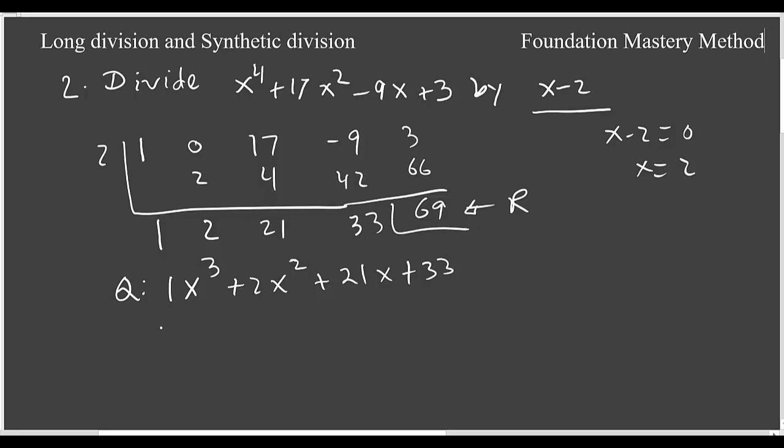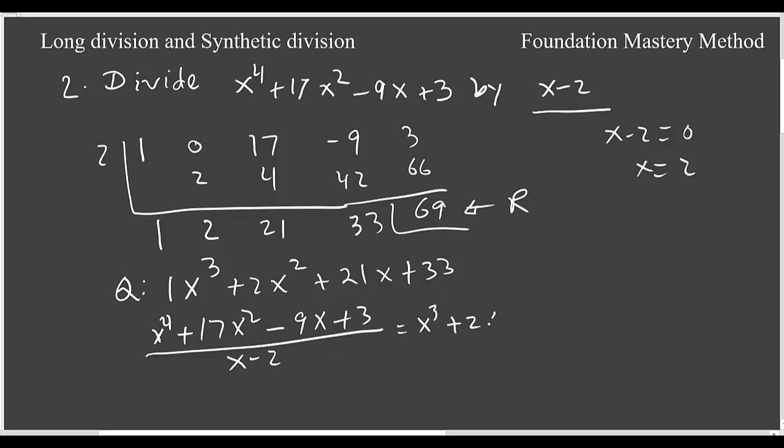So then we can say that x to the 4 plus 17x squared minus 9x plus 3, divided by x minus 2, is x to the 3 plus 2x squared plus 21x plus 33 plus 69 over x minus 2, and we are done.